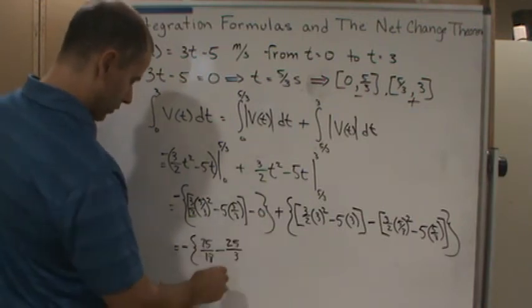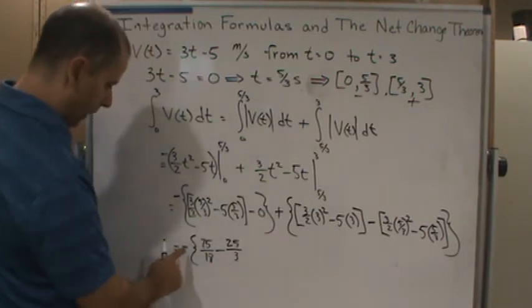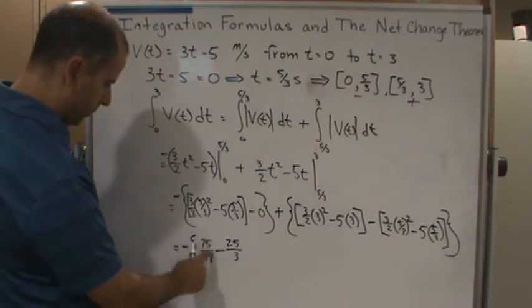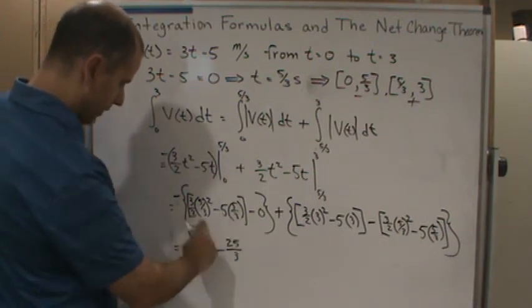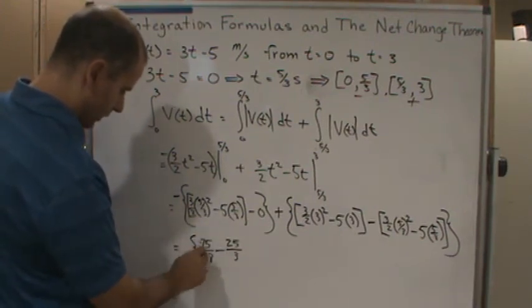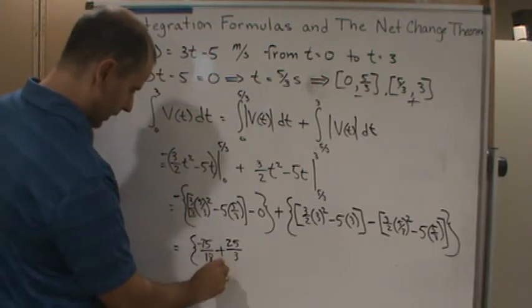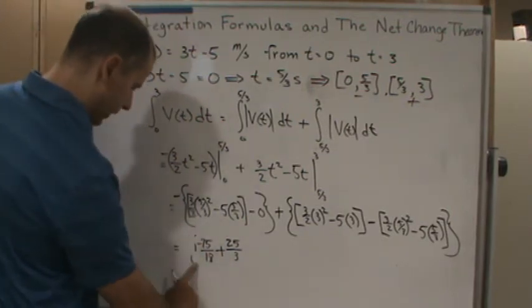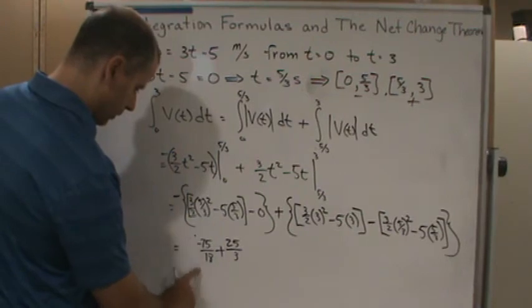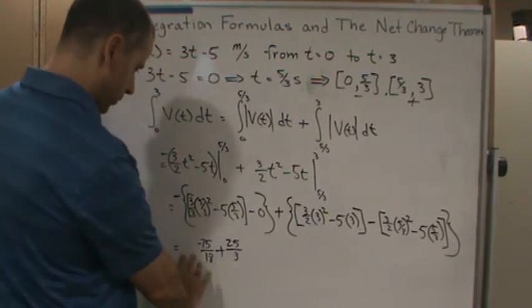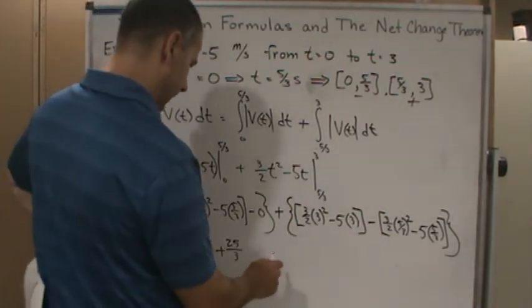That's 0, so that goes away. Okay, and I'm going to distribute the negative sign now to this. So this is just going to be negative, and that's going to become positive. And so now I can drop these braces. So I've taken care of that part.